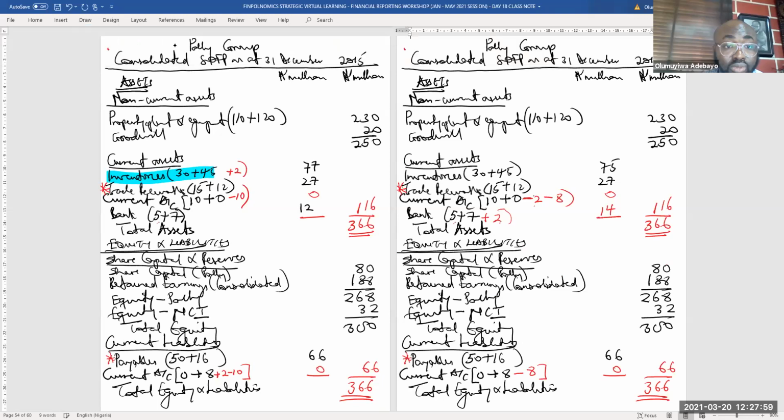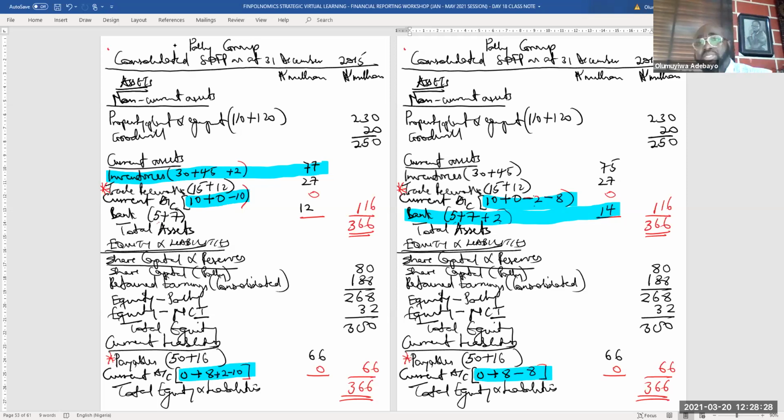Inventory was adjusted here for these two, but here, bank was adjusted for the two. Now, even though it was 10 that were eliminated here, and it was 8 here, the results still remain the same. The same thing here and here. That's why I said, never focus on who you should adjust against. Is it receivable or payable? Regardless of the way you go, you get the same position.